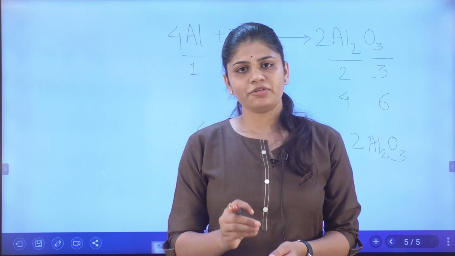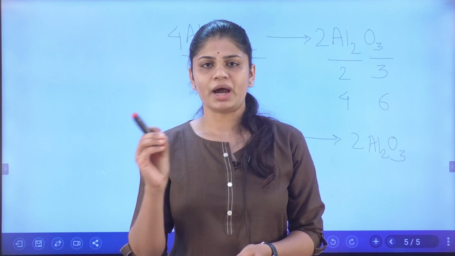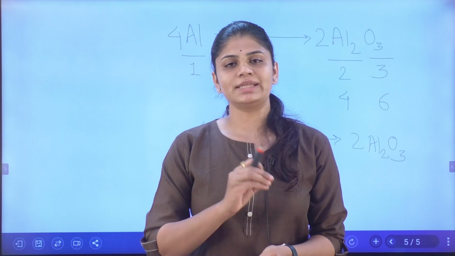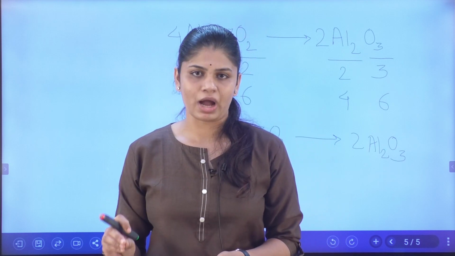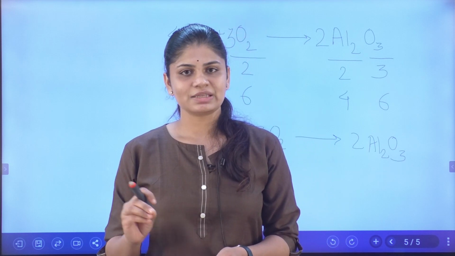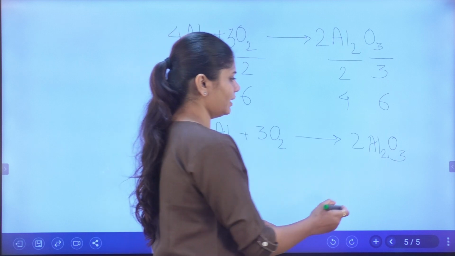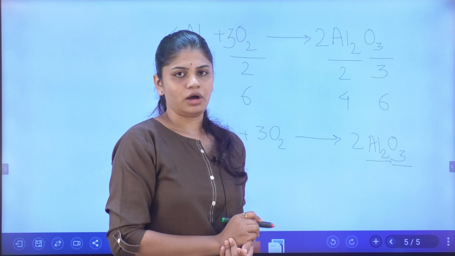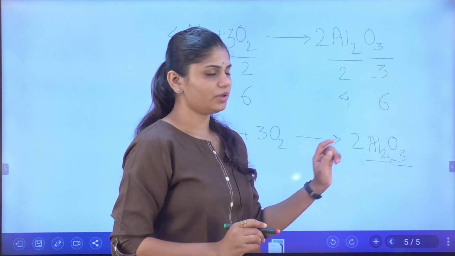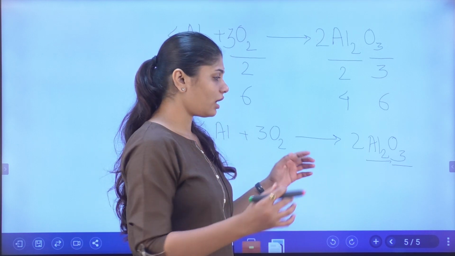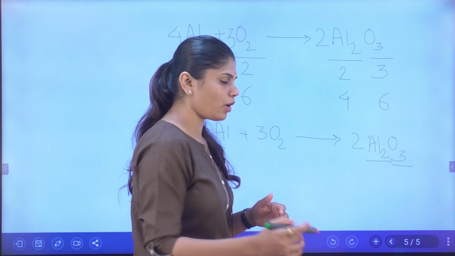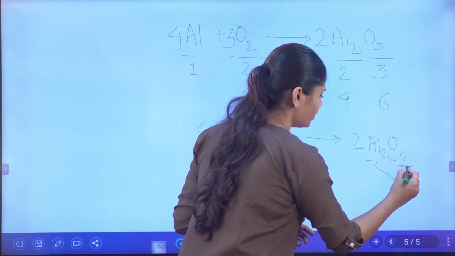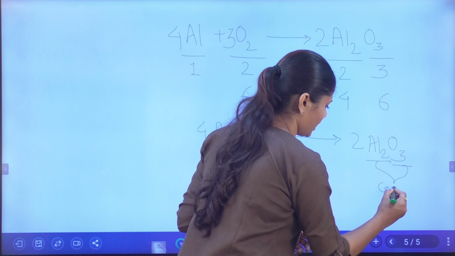If different atoms combine together to form a molecule, that is simply called a compound. Like see here, 2 atoms of aluminum and 3 atoms of oxygen are combined to form aluminum oxide, and this is called a compound, guys.